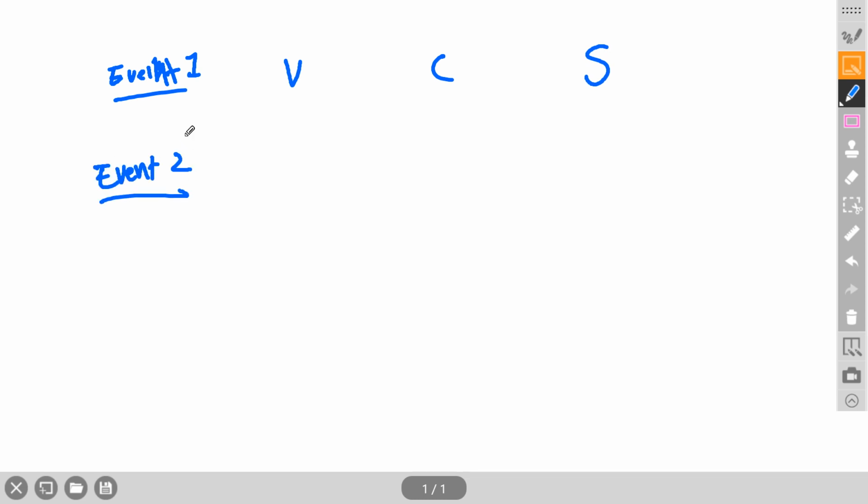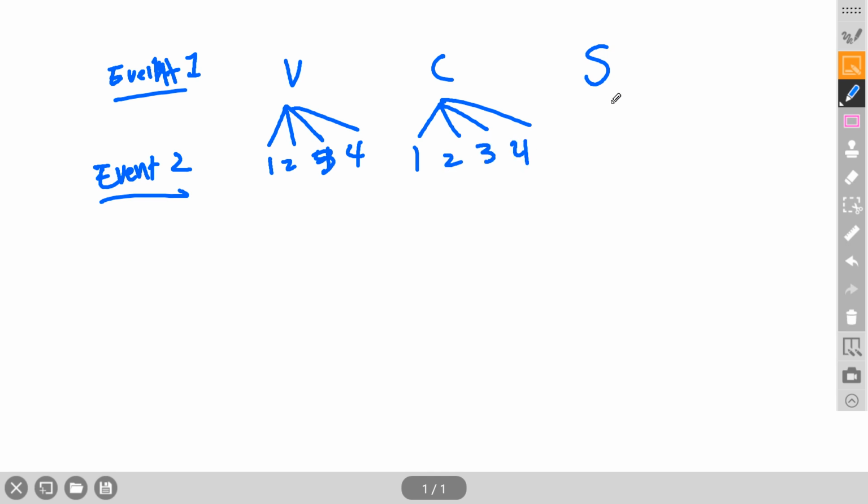Now, if you visualize this like we did the last one, you can think of it this way. Event 1 has 3 choices: vanilla, chocolate, or strawberry. Event 2 has 4 toppings: 1, 2, 3, 4 for each flavor.